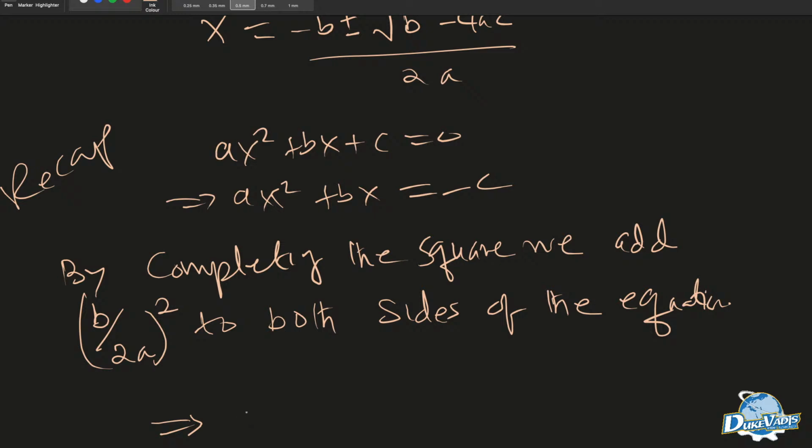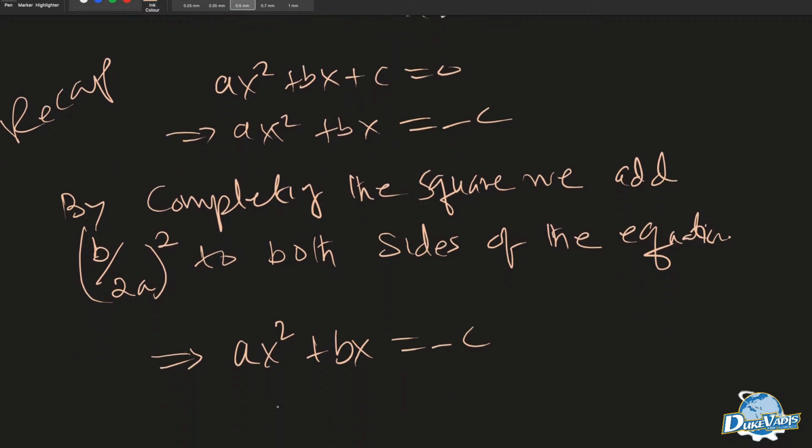We said ax squared plus bx plus c equals 0. So now we have ax squared plus bx equals negative c. So we divided both sides of this equation and said x squared plus (b over a) x equals negative c over a.